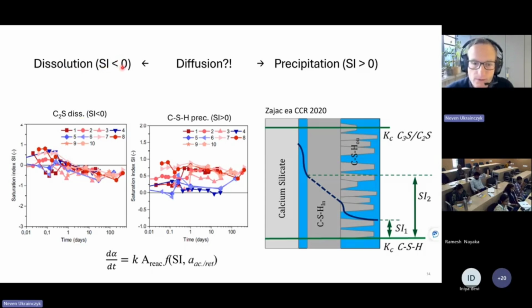Then you have the dissolution reaction, and you can see that initially you don't have the dissolution, you only have it later, because it's supersaturated initially, and then later it gets undersaturated, so you can dissolve. And for the CSH, the saturation index is bigger than 0, and that means that you have precipitation.